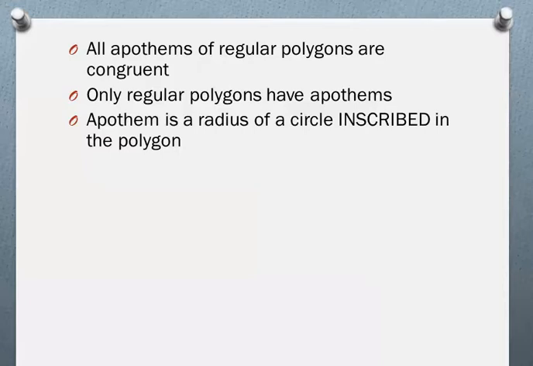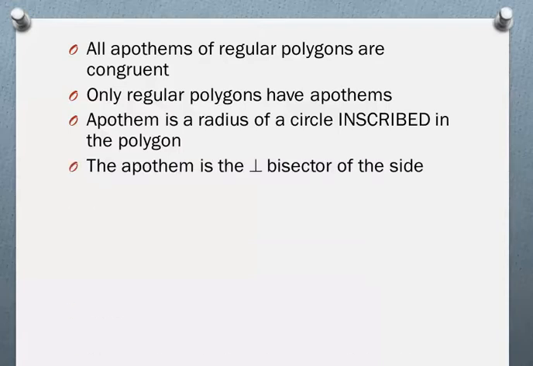An apothem is a radius of a circle inscribed in the polygon, not circumscribed, but inscribed. The apothem is the perpendicular bisector of the side.